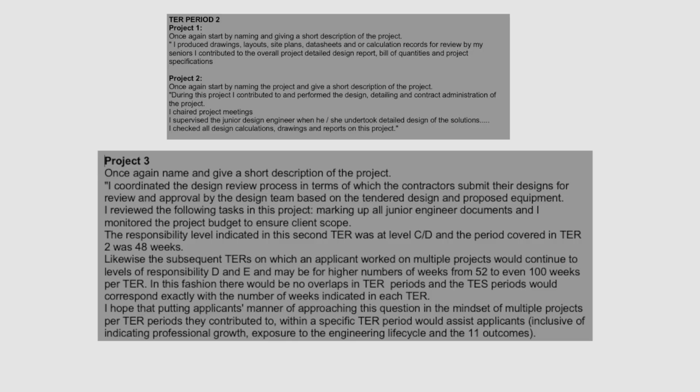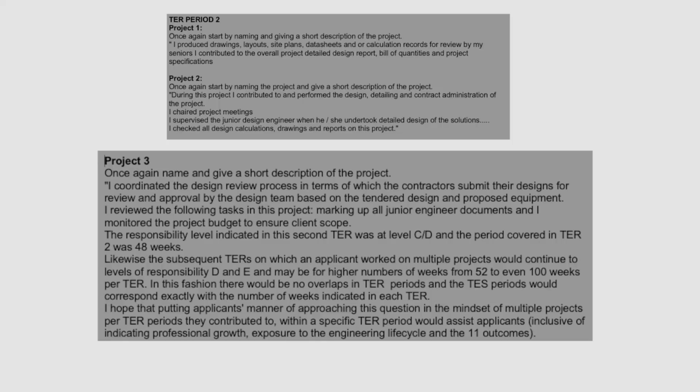Also important, the period covered in TER2 was 48 weeks, and I worked on 3 projects. Likewise, the subsequent TERs on which an applicant worked on multiple projects would continue to levels of responsibility DE.